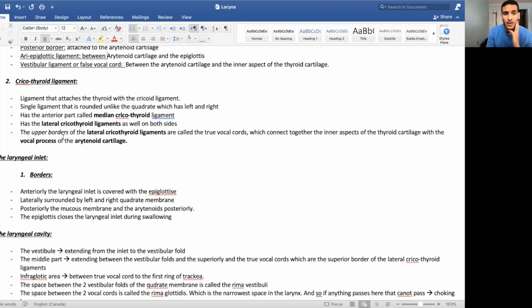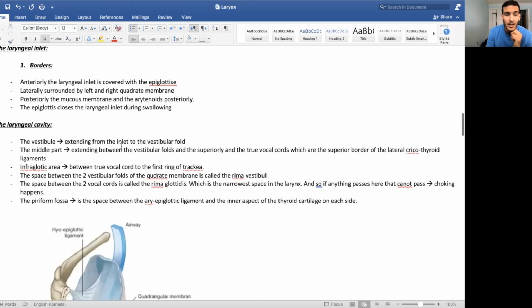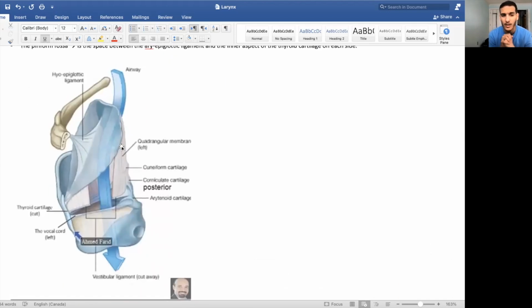The upper part of the lateral cricothyroid ligaments are called the true vocal cords, which connect the inner aspect of the thyroid cartilage with the vocal process of the arytenoid cartilages. So the cricothyroid ligament is basically this one right here. That's the cricoid cartilage.